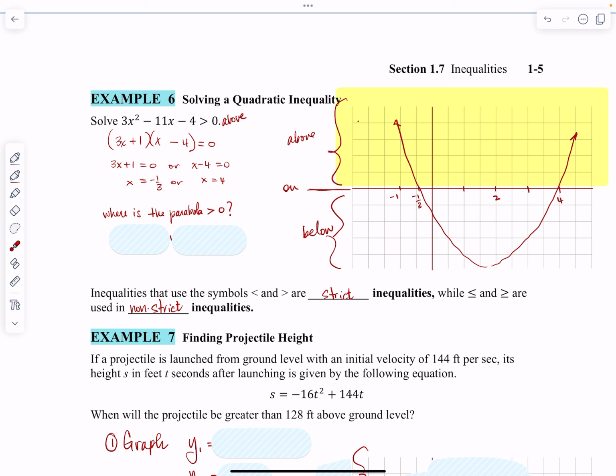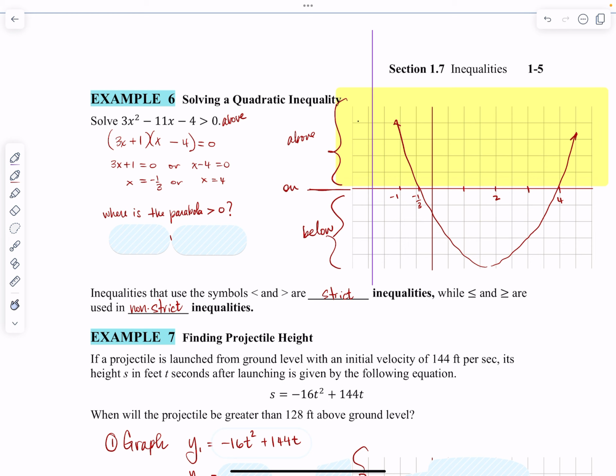Okay, so when we think of x values, let me see if I can get myself a vertical line here that will be of assistance to us. All right, so I've got this vertical line. Let me see if I can grab it, if it'll let me.